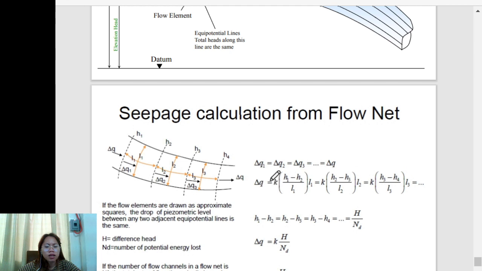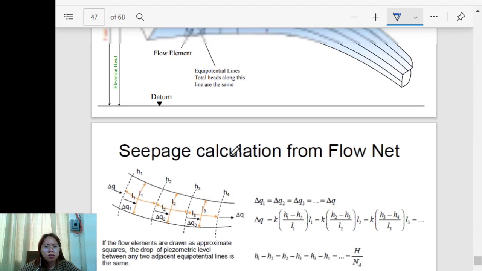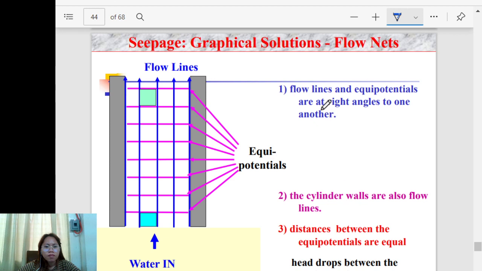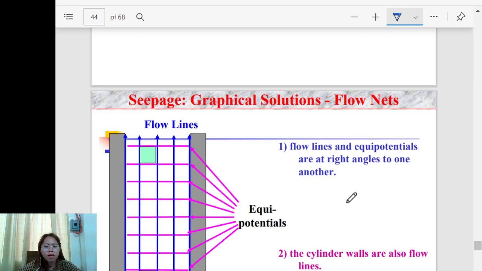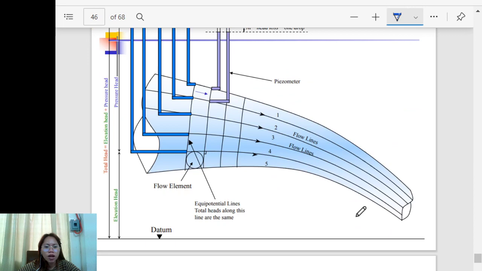And remember that delta Q from the Darcy concept is equal to KIA, that is K times the head loss, delta H over L. If it is a square, because according to here, they are at right angles, then square.